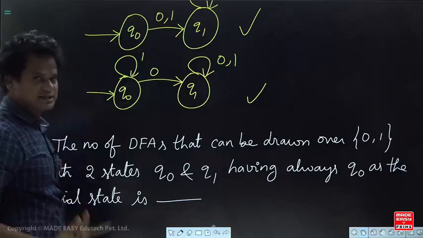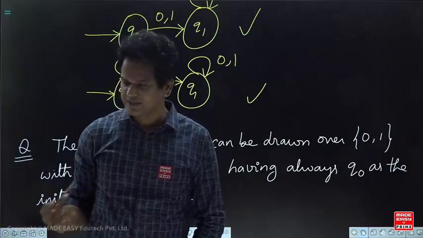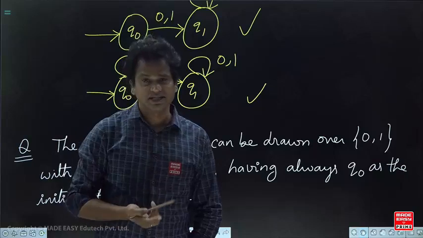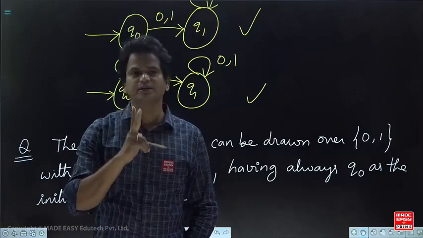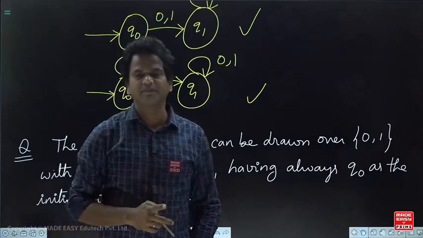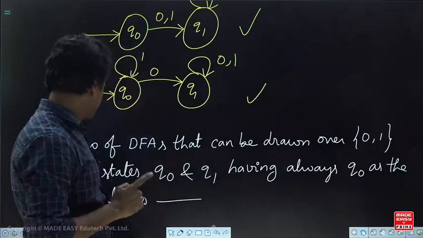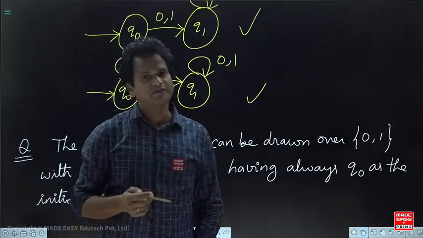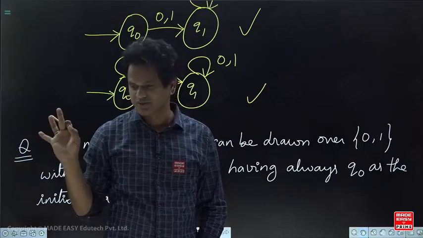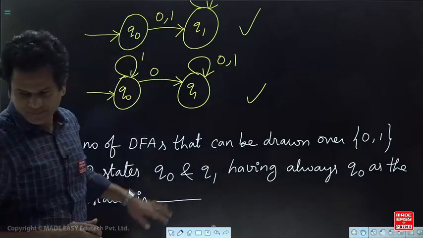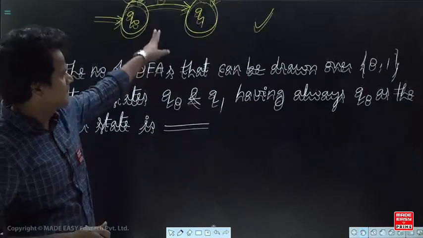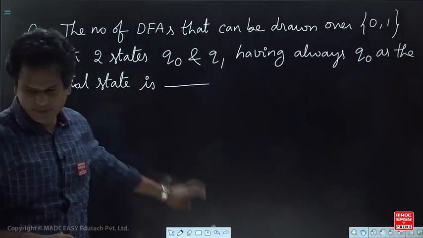If you keep on constructing like this, how many different DFAs can you construct? Here two states are given and two inputs are given, always Q0 as the initial state. And the final states I didn't mention. You take or don't take, it is your wish. How many different possible DFAs will be there? So this is the question.